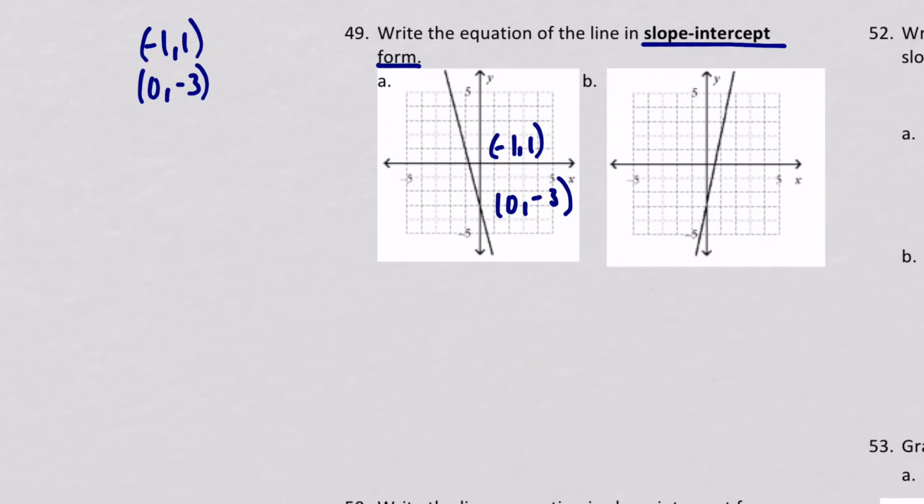And remember, I said no matter what method you're using, you have to find the slope first. Okay, so to find the slope here, I'm going to find the change, just like I've been doing. So find the change in the x's, and then find the change in the y's. So for the x's, it looks like I am going from -1 to 0, which means a change of plus 1. For the y's, it looks like a change from 1 to -3, so I'm going to the left.